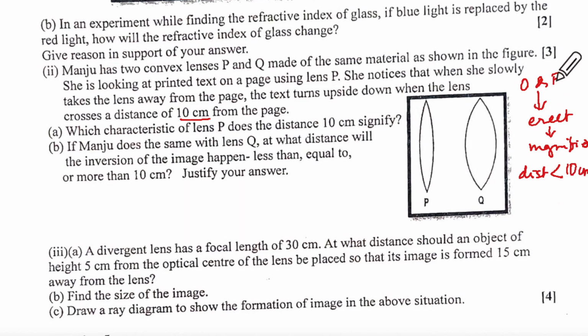So that is when she'll get the virtual image. But when the distance crosses 10 centimeters, it becomes inverted, meaning she gets a real image. Which characteristic of lens P does the distance 10 centimeters signify? Focal length. Very good. So it is focal length.